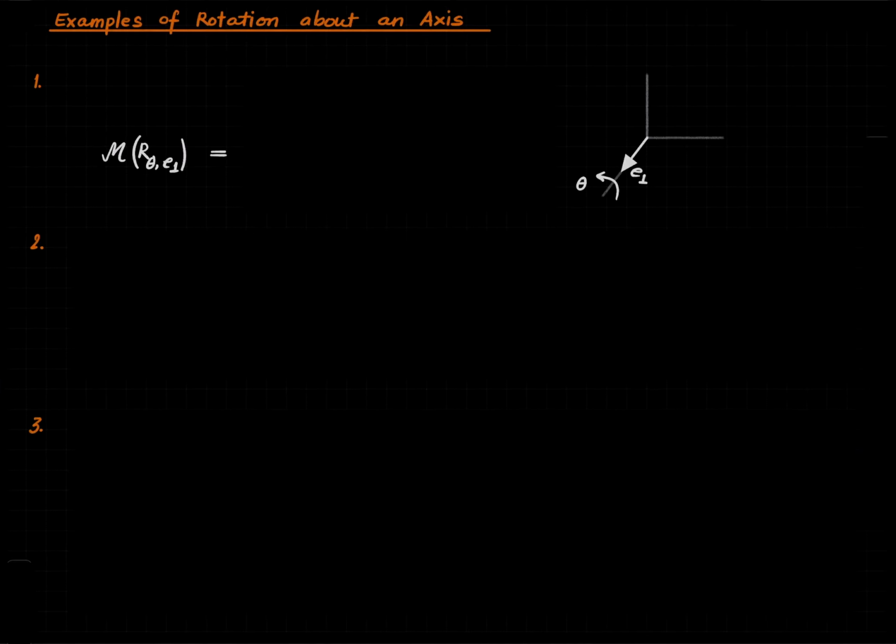Let's look at some examples. We have this particular axis, and we have also chosen a vector. As we said, when you're going to rotate about an axis, you need to mention a vector along that axis. So fix this vector E1, and we want to describe this particular rotation by theta about this oriented axis, and the matrix of that thing with respect to the standard basis.